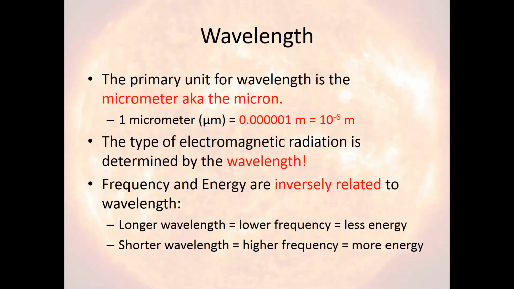And this also relates to energy in that the longer the wavelength, the less energy. The shorter the wavelength, the more energy. And this is really important too because very long wave radiation has very low energy, such as AM radio waves. AM radio waves are many meters in distance, and they're very low energy. They pass through us harmlessly, nothing wrong.